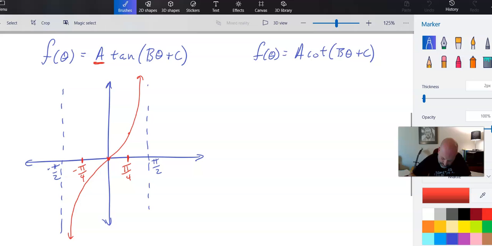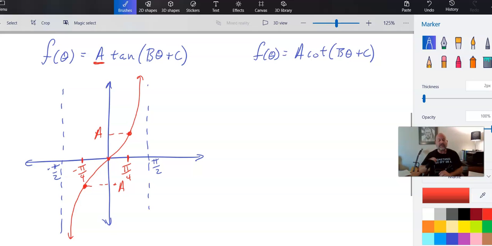When a is 1, this piece right here, the one at negative pi over 4 and pi over 4, is going to be at 1 and negative 1. Now, in general, what ends up happening is those points end up being at a and negative a. So I'm going to rewrite that. So this is at a, and this one down here is negative a.